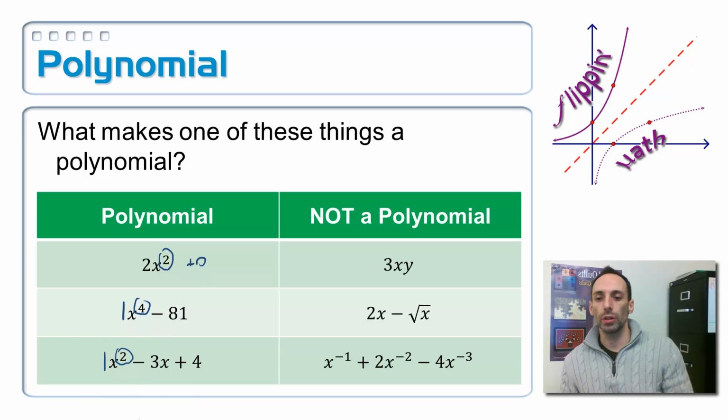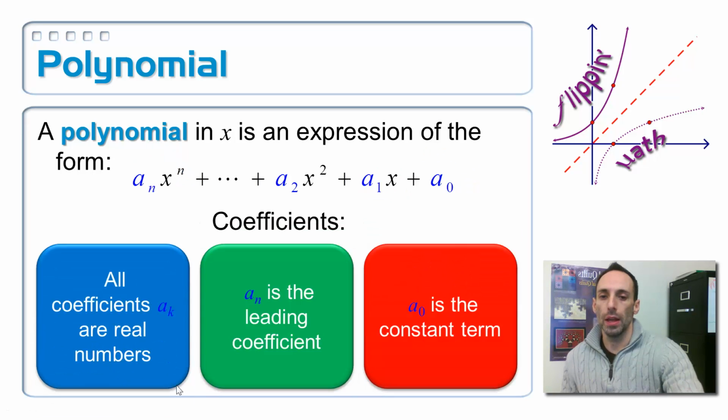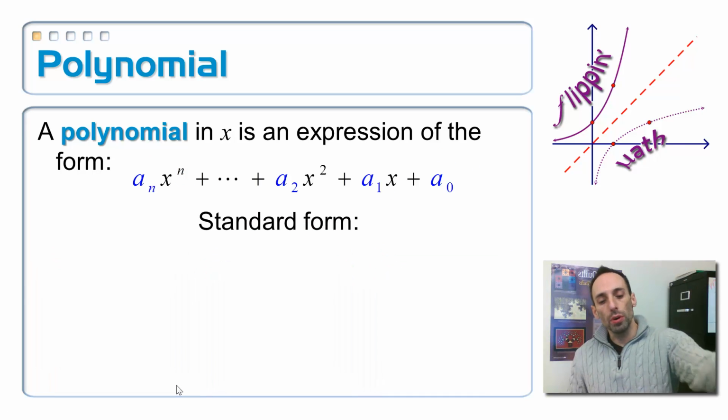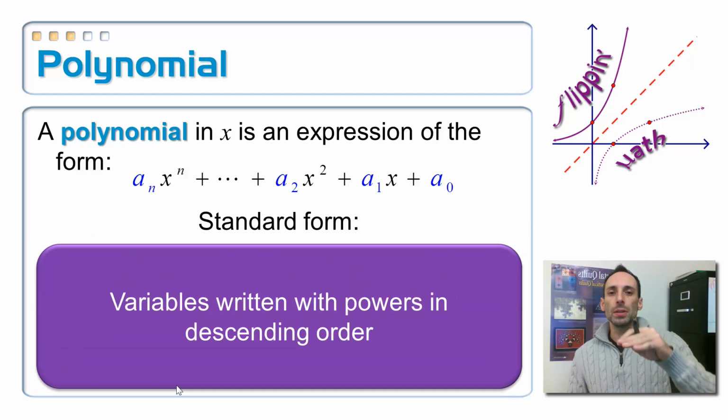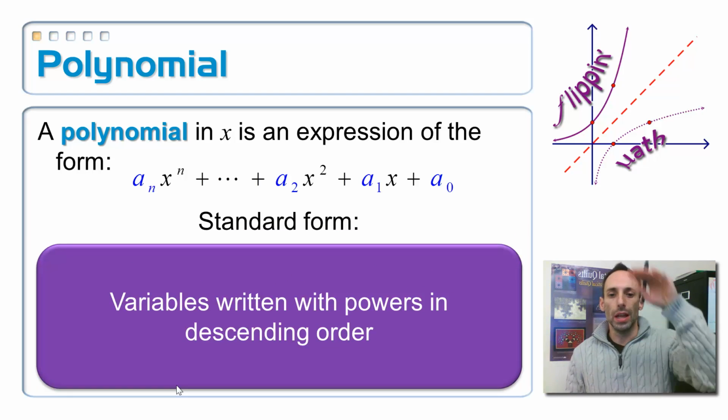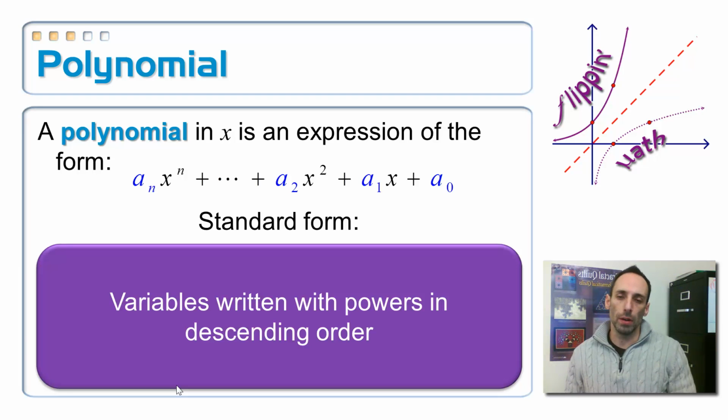On the last one, our leading coefficient is also a 1, and our constant term is the 4. And then we put it in standard form by just simply writing the exponents in decreasing order, starting with the highest power, and you descend in degree as you go along. It's pretty easy to do, pretty simple to understand.